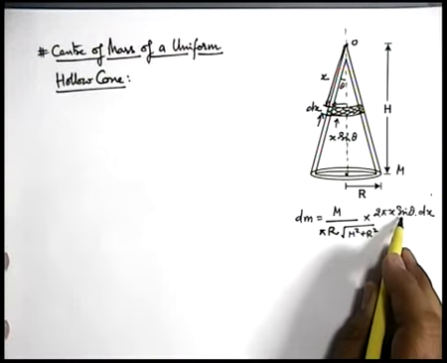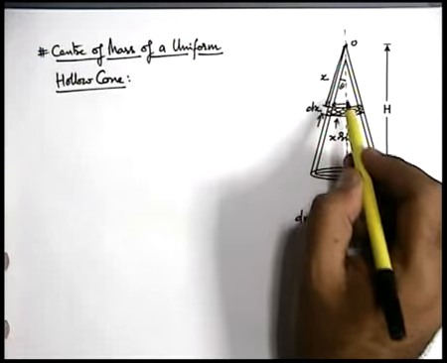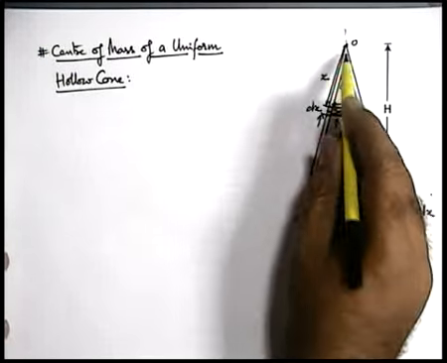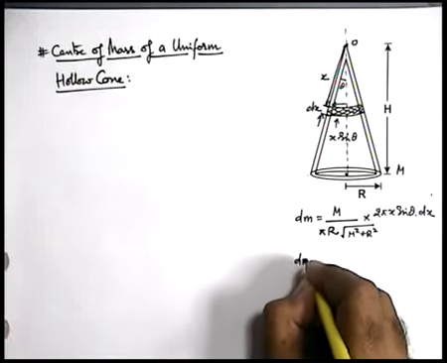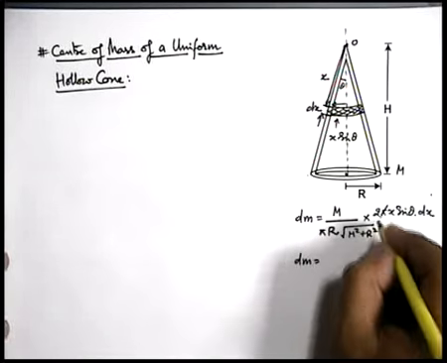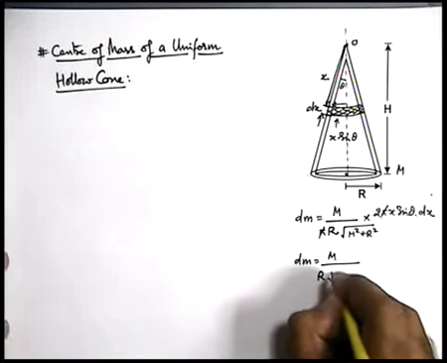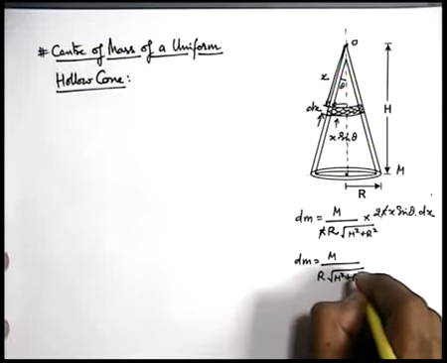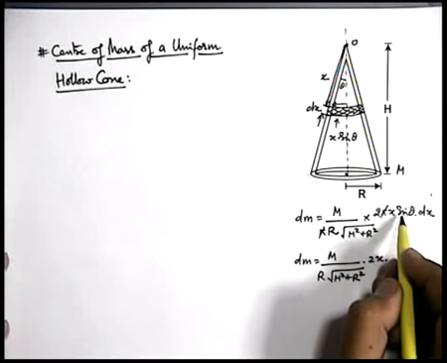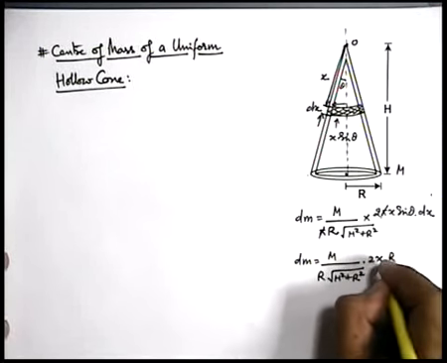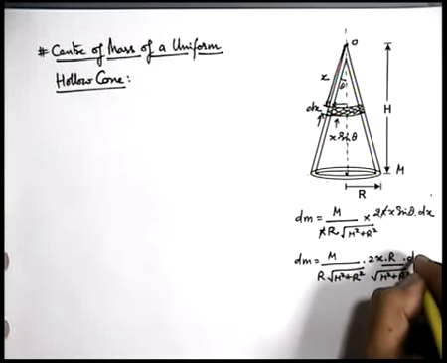If I substitute the value of sine theta here, you can see the value of sine theta I can write as r upon root of h square plus r square. So in this situation, this dm can be given as, this pi gets cancelled out, m upon r root of h square plus r square into 2x, sine theta written as r upon root of h square plus r square, into dx.